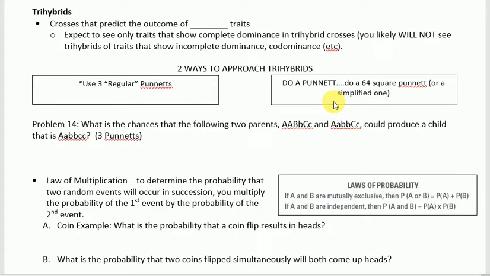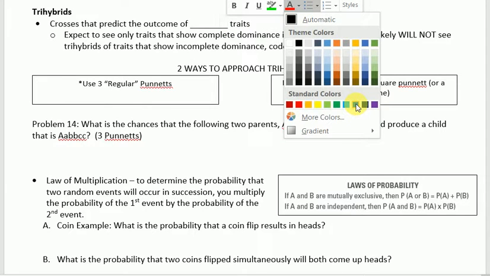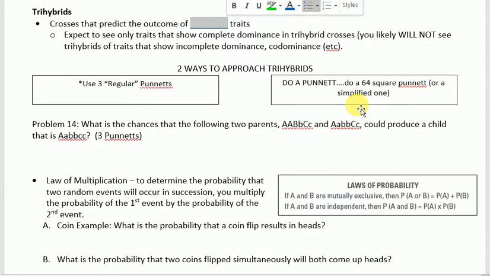So the next thing we're going to look at is trihybrids. As you probably guessed, these are going to be used to predict the outcome of 3 traits.